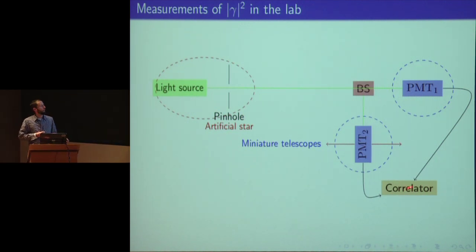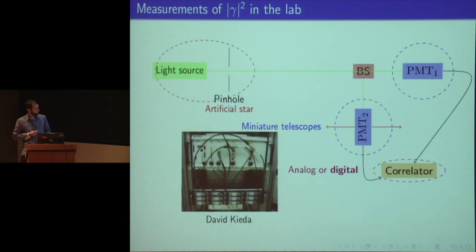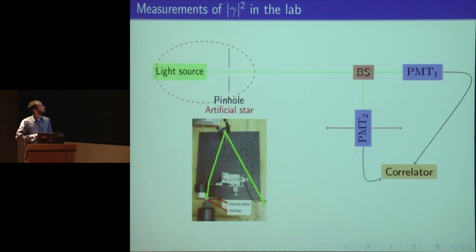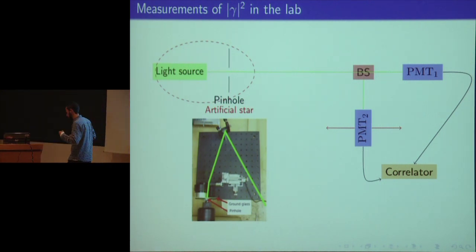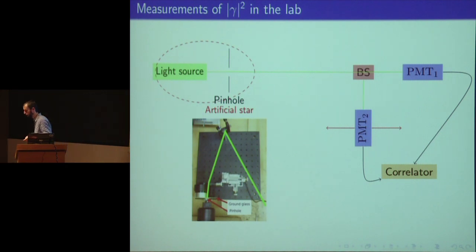And the data can be correlated in an analog way, as Hanbury Brown and Twiss did, or you can use digital correlators, such as this gigantic National Instruments box. The light source, we had difficulties procuring, I mean, doing some initial tests with a true thermal light source.